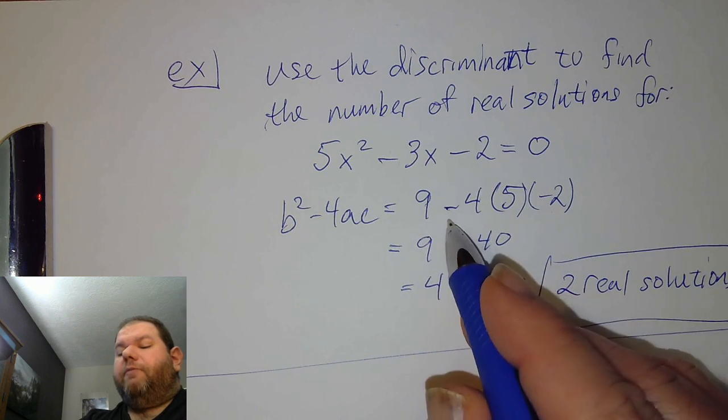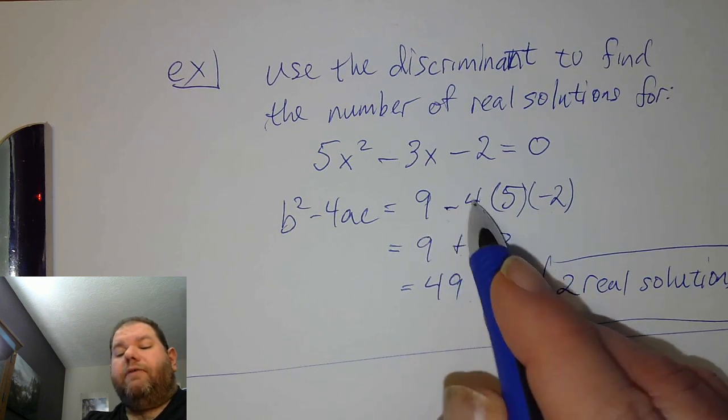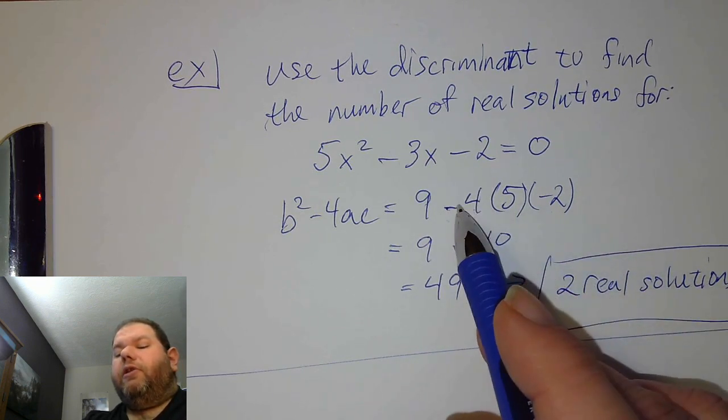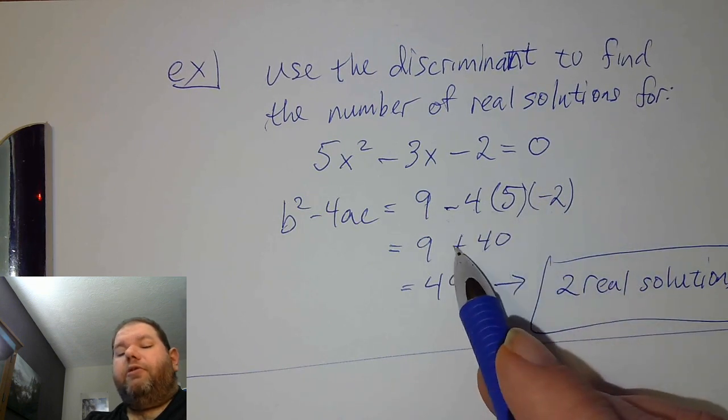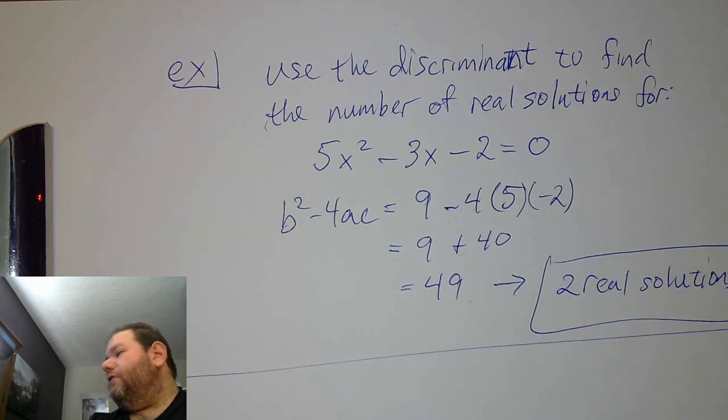Exactly, yeah. When we have this minus 4, we can consider that a negative 4. And then with a negative here and a negative here, we know it does turn to a positive. Because when we multiply a negative times a negative, it is positive.